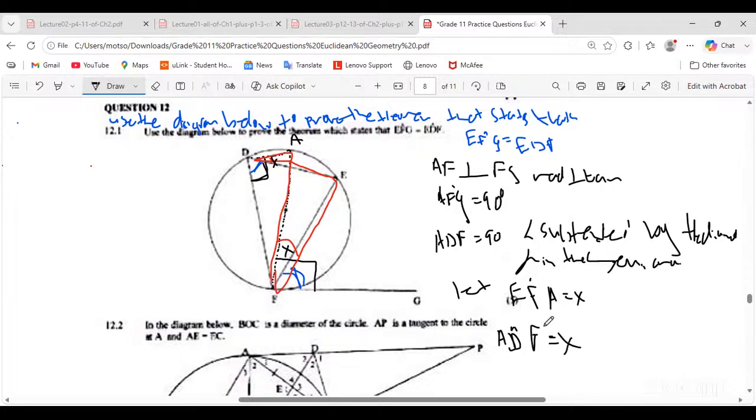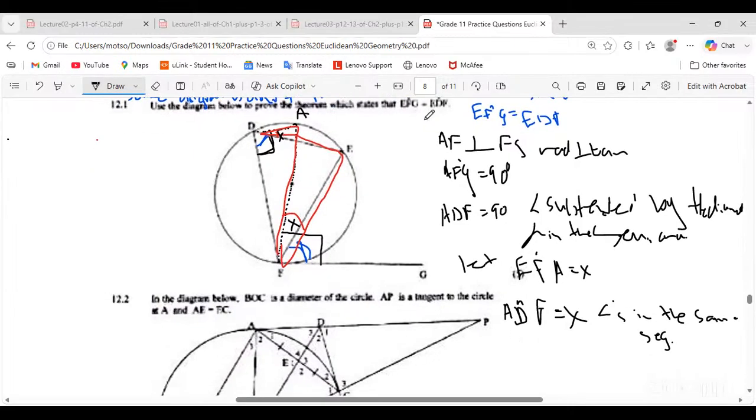We also have x there. Why? Because those are the angles in the same segment, or the angles subtended by the same chord, or the same arc. Now, what angle are we looking for? EFG. EFG is equal to, we said the whole angle is 90 degrees, so EFG would be 90 degrees minus x.